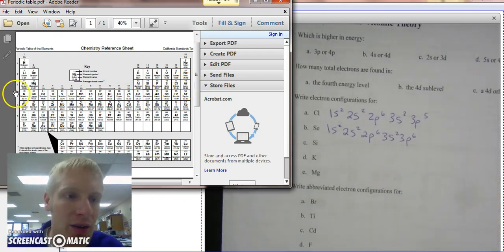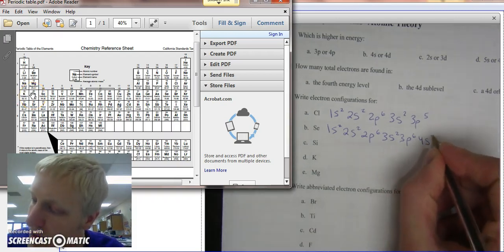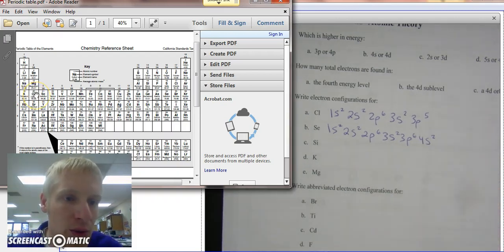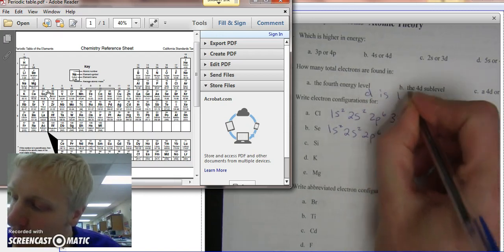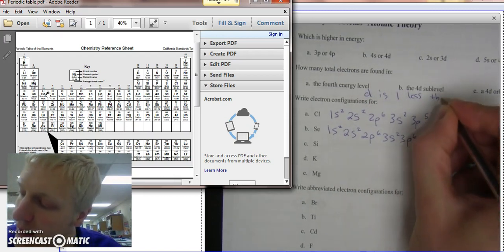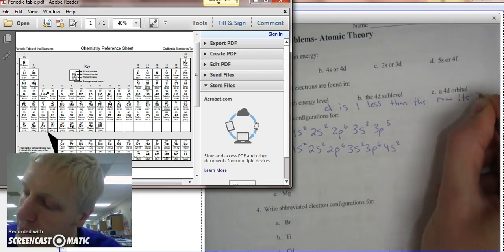Moving on to the fourth row in the S section, that's 4s, 1, 2, and this is where it gets a little bit different. I'm not in the S, not in the P, I'm in the D section. It's in the fourth row, but I have to remember that D is one less than the row it's in.